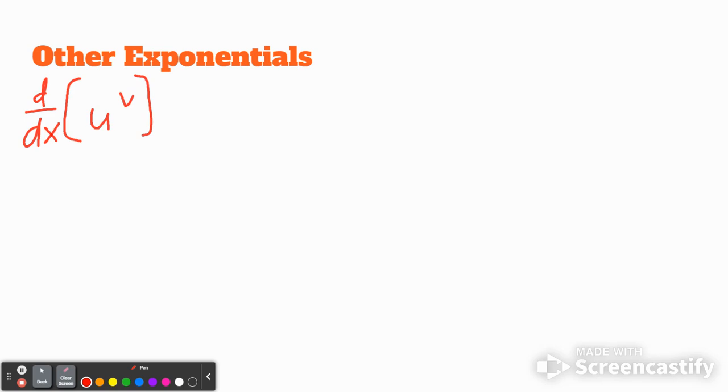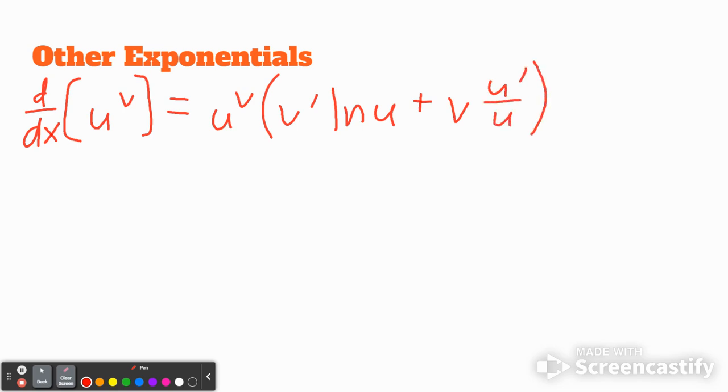In the previous case, u was just equal to e, the constant function. But if the base is something other than e, like x squared or sine of x or x plus 5, some function of x, and so is v, it turns out that the derivative is u to the v times v prime times ln of u plus v times u prime over u.